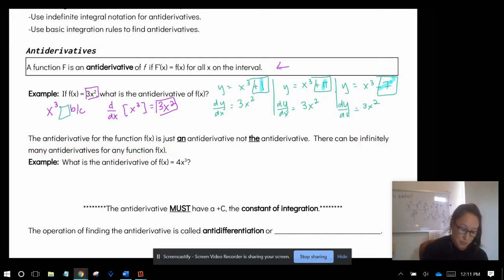Okay, so what this means is that when we take the antiderivative, we're going to go ahead and do that for 4x to the third power.